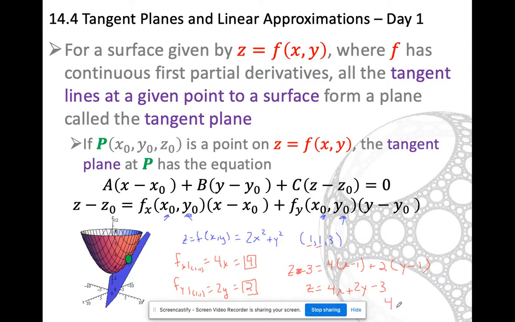Or I guess you could even do this. Let's take a look at that, the equation of its tangent plane.